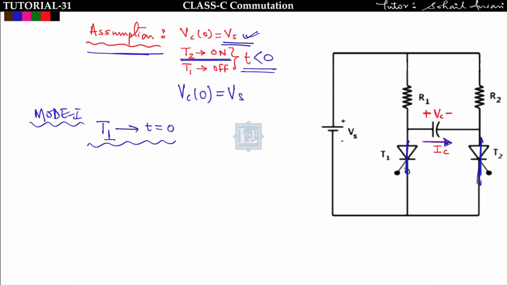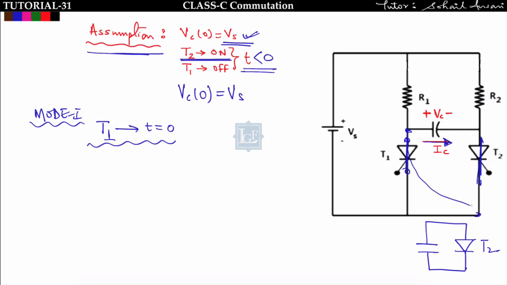The moment I trigger this T1 at t equal to 0, T1 will be shorted. See the voltage drop across thyristor T2, which is conducting. The moment I trigger thyristor T1, it will be shorted, so the voltage across T2 will be the capacitor voltage, stretching this point to this point.